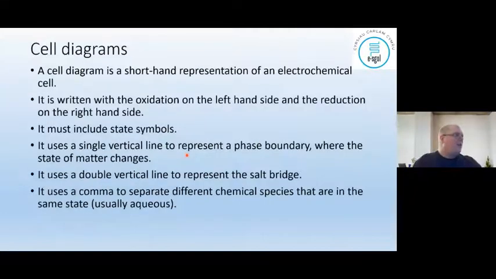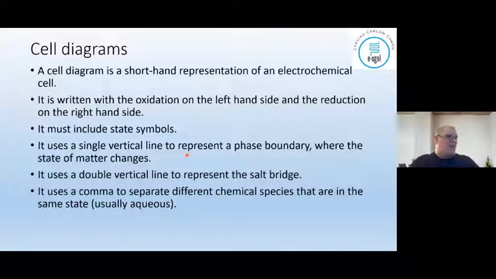So, cell diagrams. A cell diagram is basically a shorthand representation of an electrochemical cell. We write the oxidation on the left-hand side, reduction on the right, and we must include state symbols.